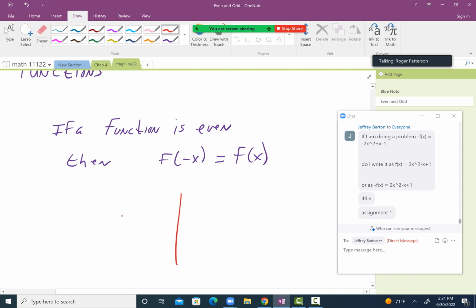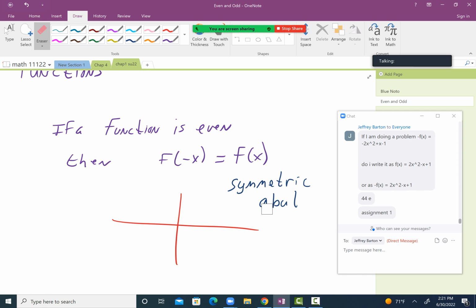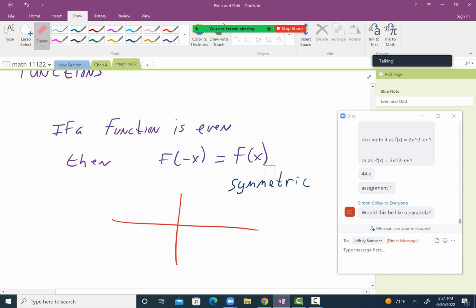From a graphical standpoint, what that means is that the graph is going to be symmetric about the y-axis.